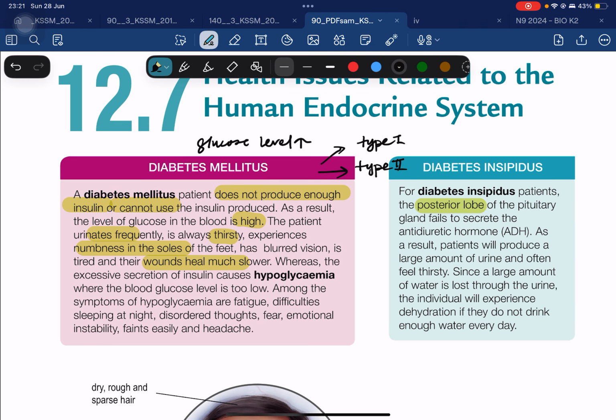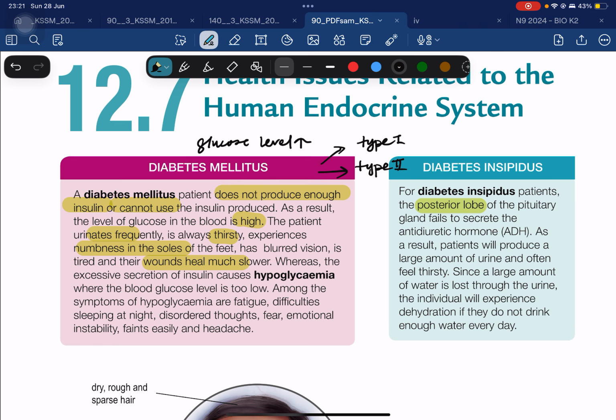But when our bodies cannot produce enough insulin, or cannot use the insulin produced, what will happen? For sure, we try to imagine. Insulin helps to convert the excessive glucose into glycogen.